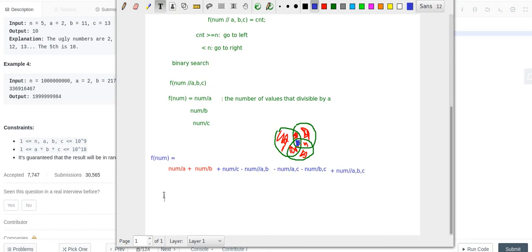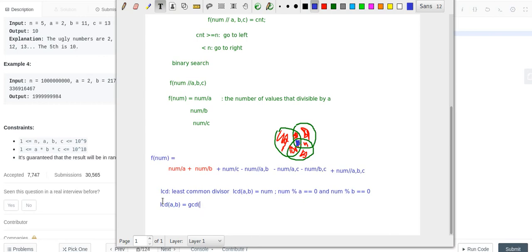We could define the least common multiple. The LCM of a and b means numbers that are divisible by a and also divisible by b. So we can calculate it from the greatest common divisor.